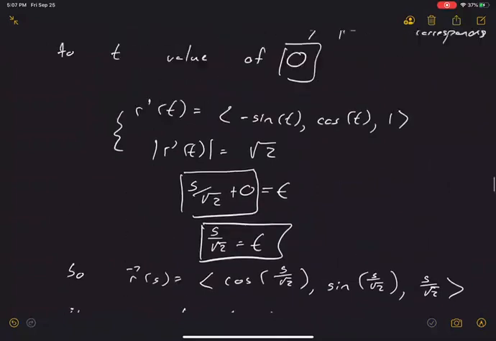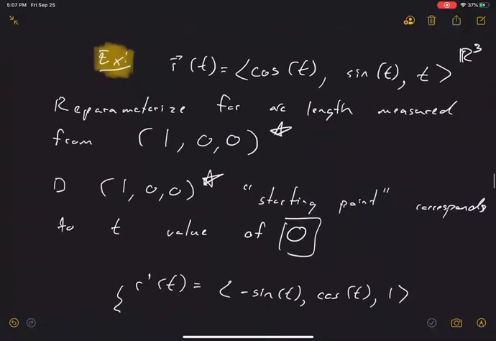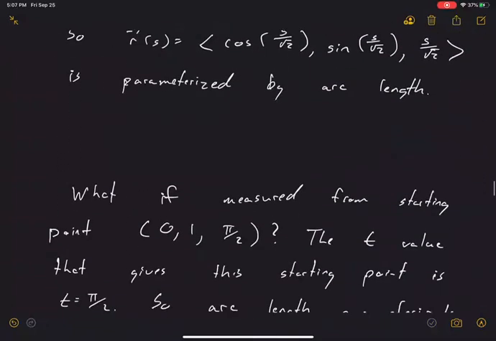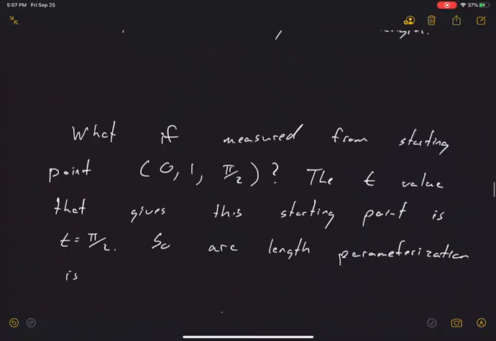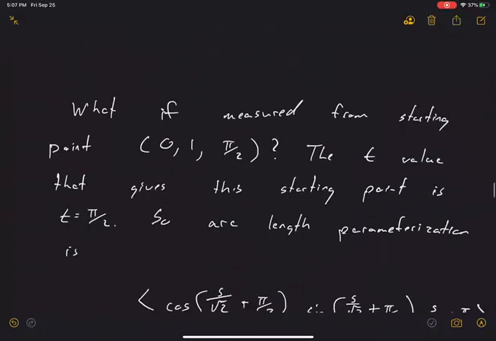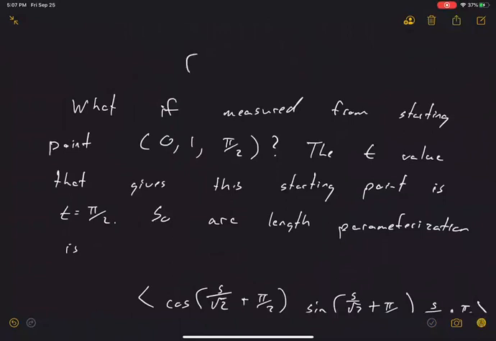Now let's do the same problem, but let's pick a different starting point. What if the point we're measuring arc length from, instead of being at 1, 0, 0, was at 0, 1, pi over 2?